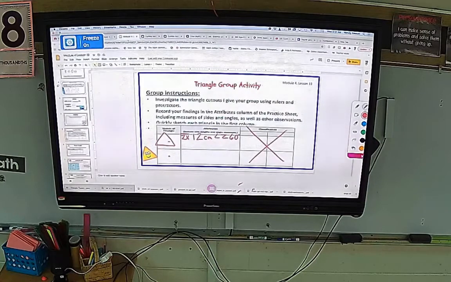6. I don't know how to use it. Yeah, it's an angle. So short.